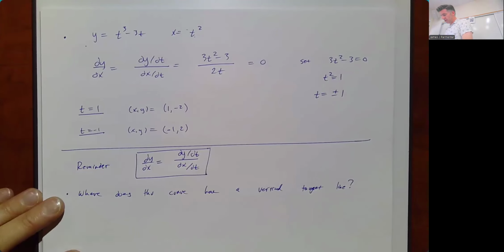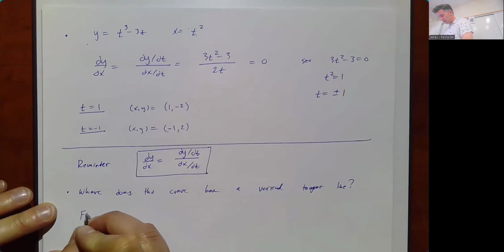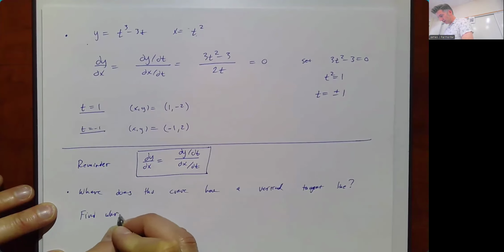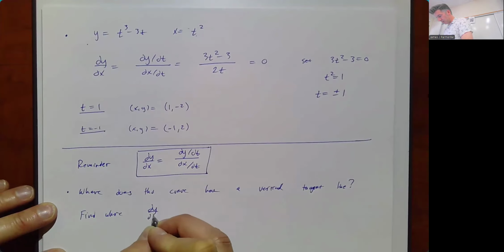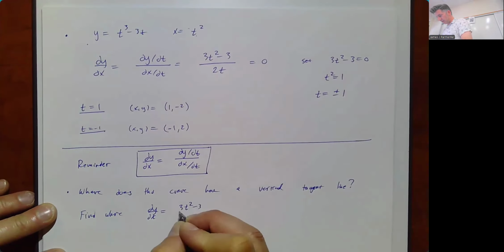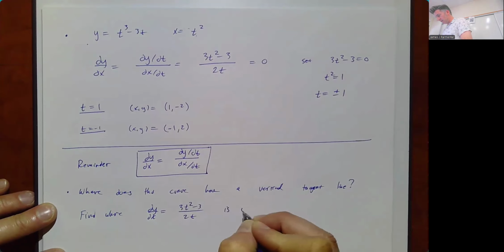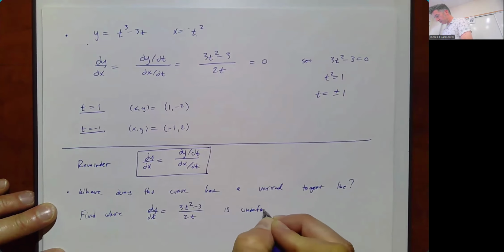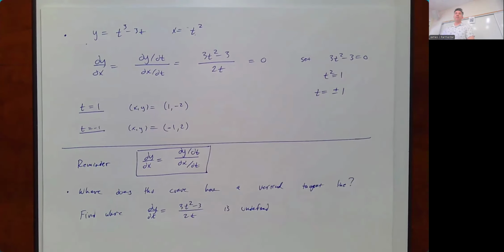So we're saying we need to find where dy/dx, which is still equal to (3t squared minus 3) over 2t, is undefined. Or in other words, where we're dividing by 0.